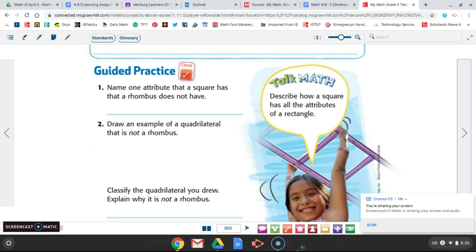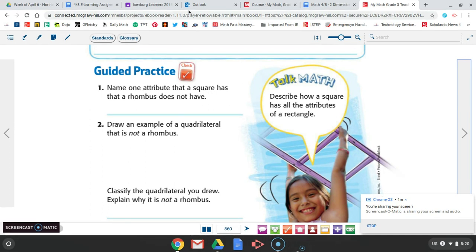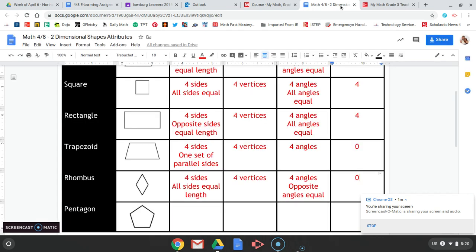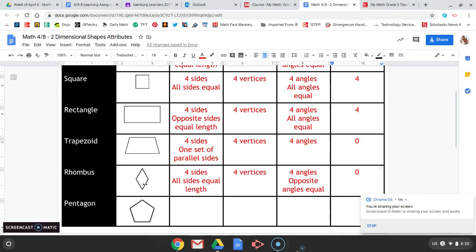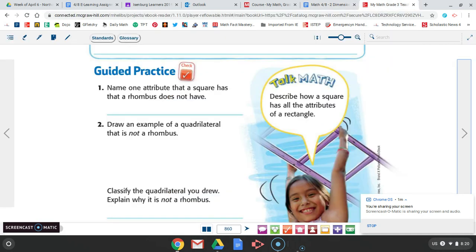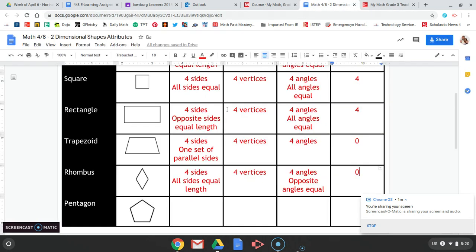Name one attribute that a square has that a rhombus does not have. Well, so let's look at our grid this time. Here's our rhombus and here's our square. They asked us one attribute that a square has that a rhombus doesn't. Well, if you look at the side rules, those are the same. So that's not a way that they are different. So let's look at their angles. They both have 4 angles. Oh, but for a rhombus, the opposite angles have to be equal.